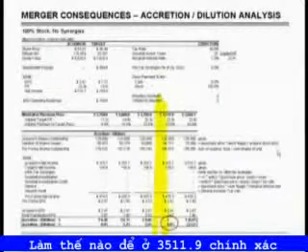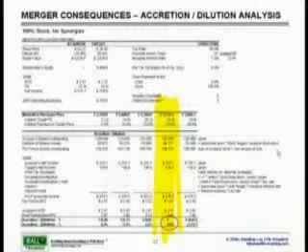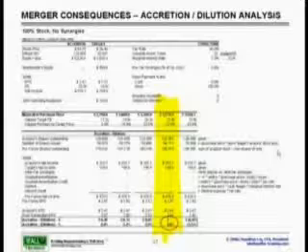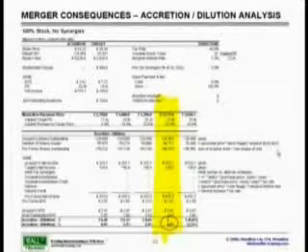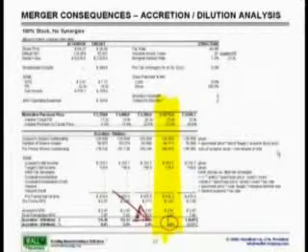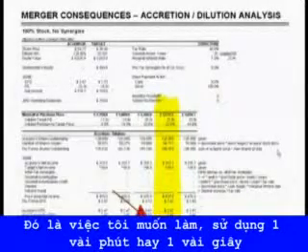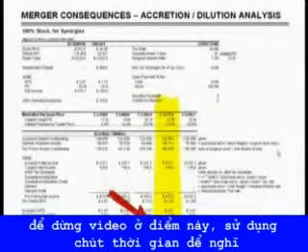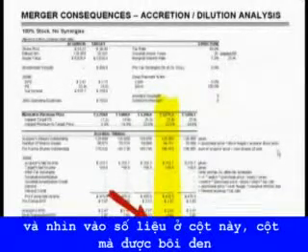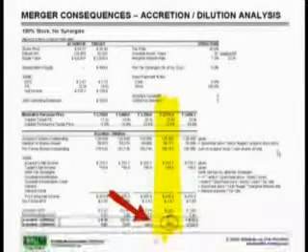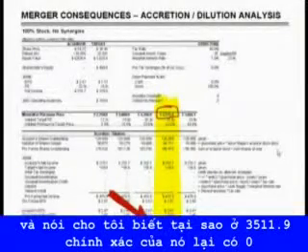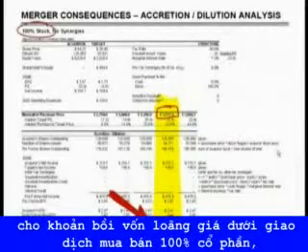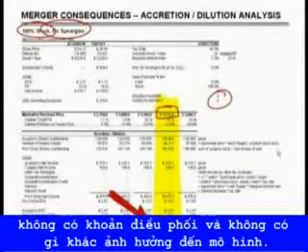How is it that at exactly 3511.9, this deal provides you with zero accretion? What I want you to do is spend a few minutes or seconds, pause this video at this point, spend a little bit of time to think about and look at the numbers on this column that is highlighted, and tell me why at exactly 3511.9 you have zero accretion dilution under a 100% stock deal with no synergies and nothing else affecting the model.